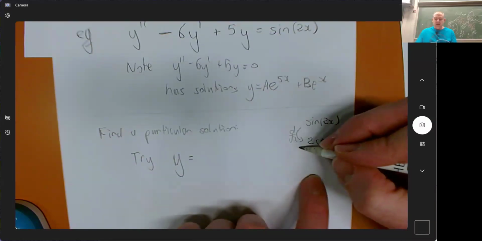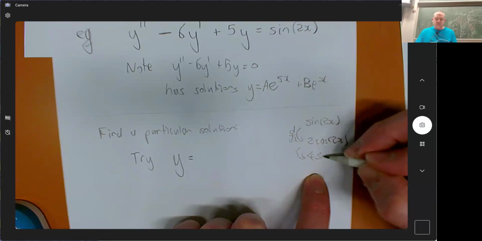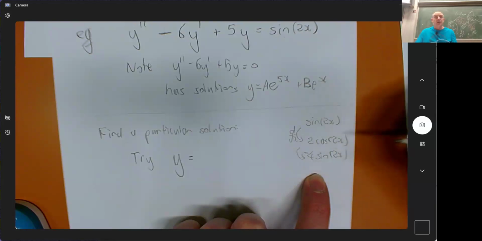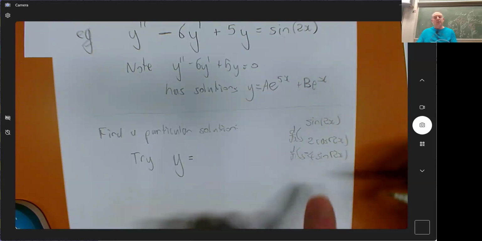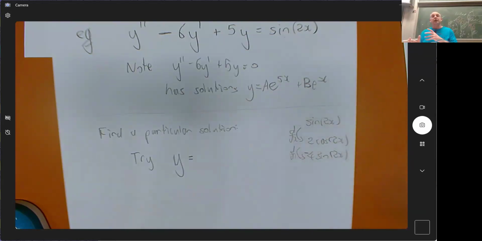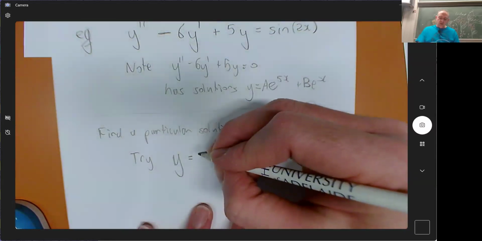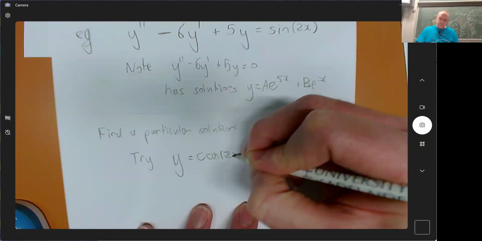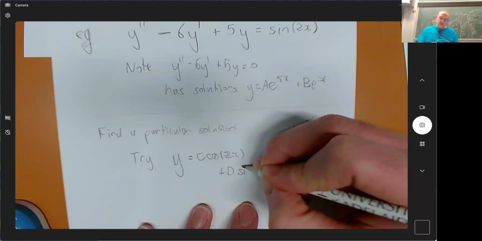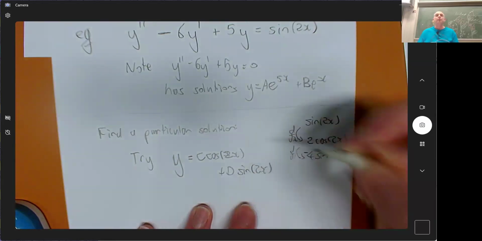And if I differentiate that again, I'll get back to sine of 2x again. And so if I think about all the derivatives of this function, they're all numbers times cos and sin. So what I will try is something times cos of 2x, and something times sine of 2x. That's what I'll try.